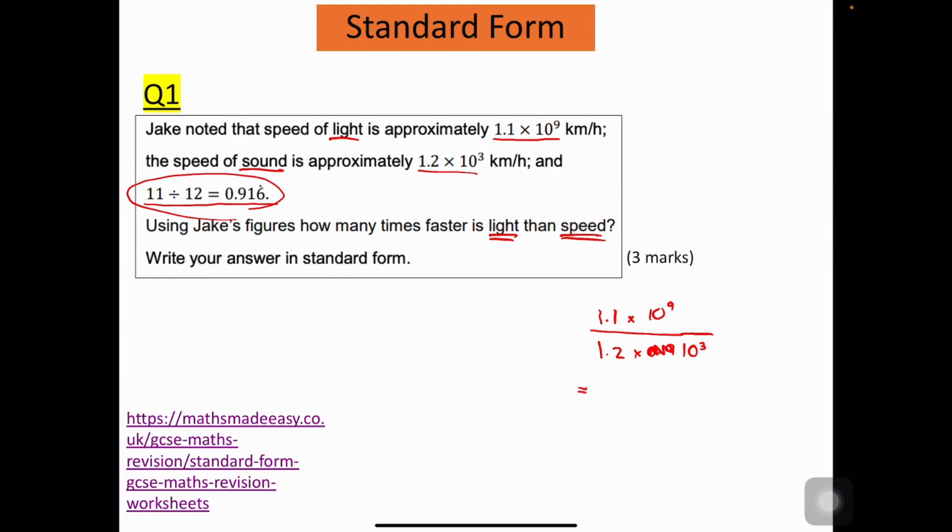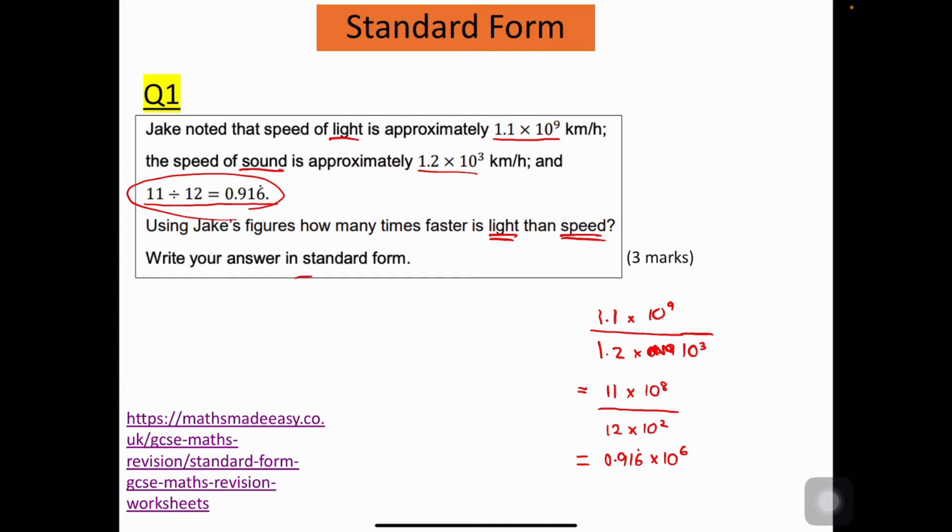So let's write 11 multiplied by 10 to the 8 over 12 multiplied by 10 to the 2. 11 over 12 is 0.916 recurring, and 10 to the 8 divided by 10 to the 2 is 10 to the 6.